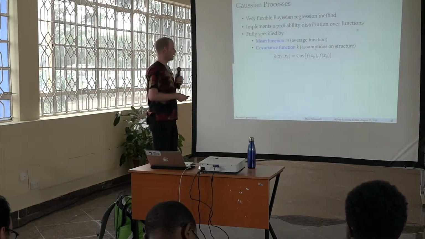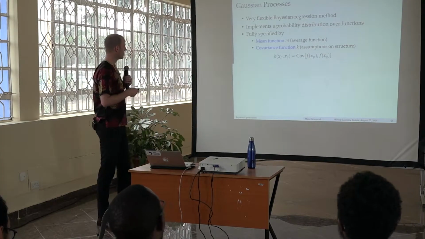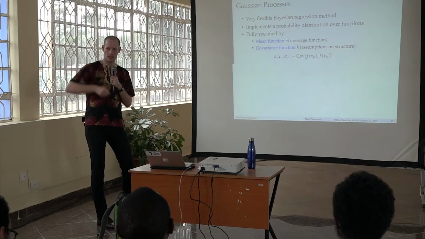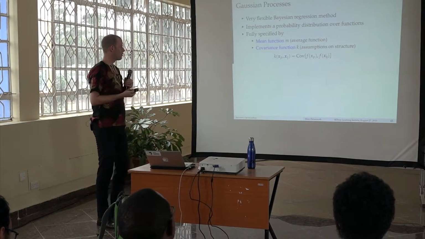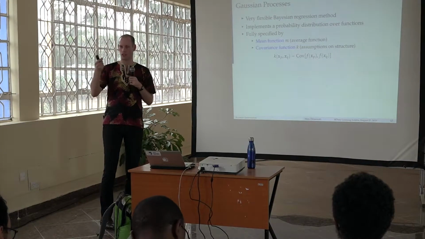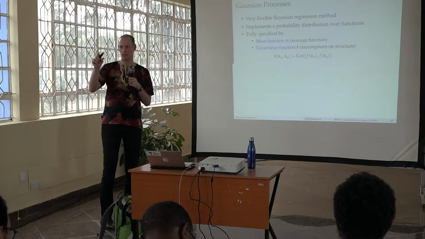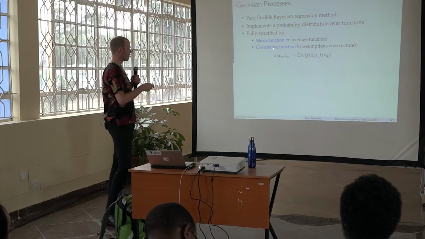So here's what a Gaussian process is, at a high level. It's an extension of the Bayesian linear regression setting that we had earlier, super flexible, and implements a probability distribution over functions, specified by a mean function and a covariance function. So instead of a mean vector and a covariance matrix, now we talk about mean functions and covariance functions.